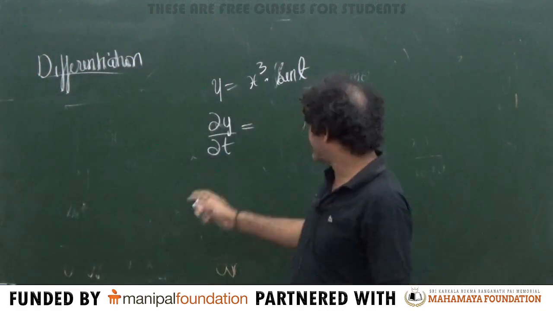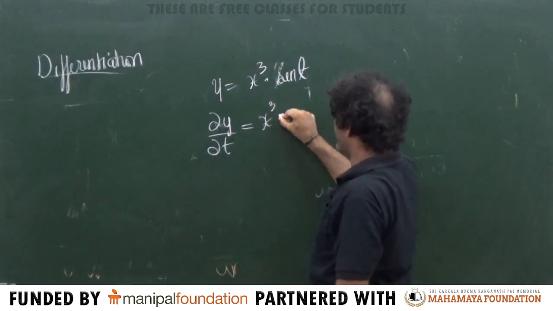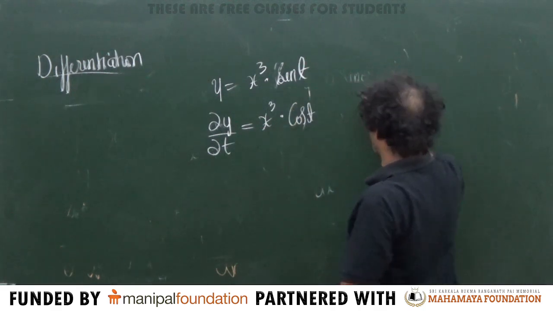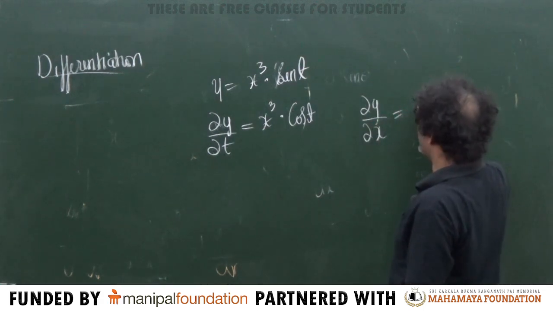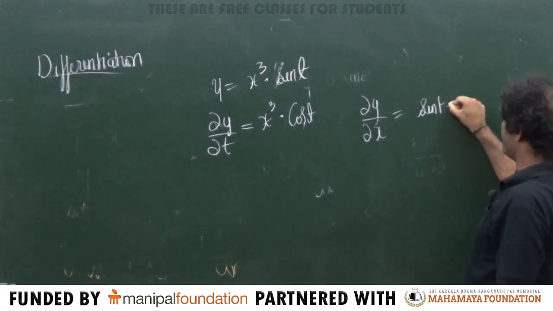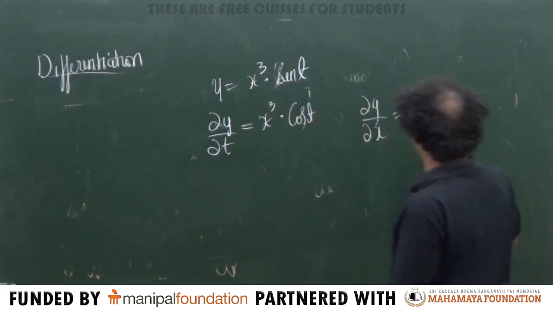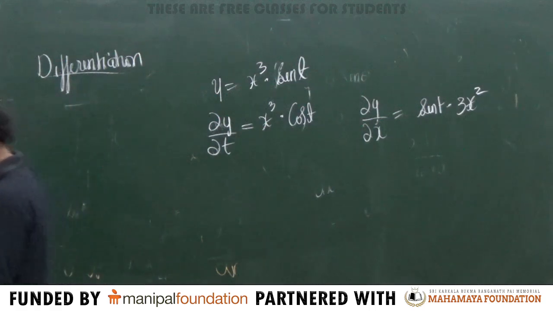When you take t, x cube is treated like a constant, so it will be x cube, it's a constant. Sin t is cos t. So you tell me what's dou y by dou x. Sin t is a constant. So what will you do? Differentiate only x cube. So isn't it 3x square? Done. That's it.